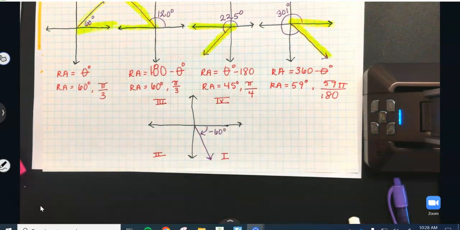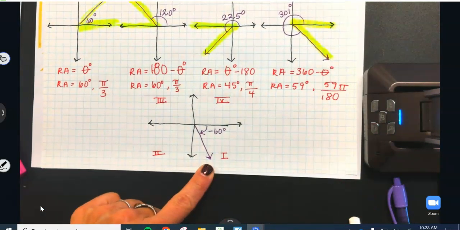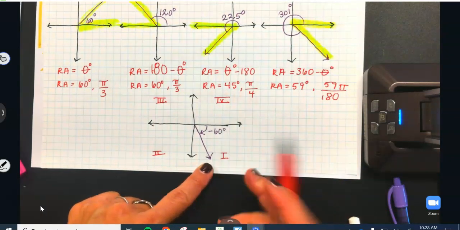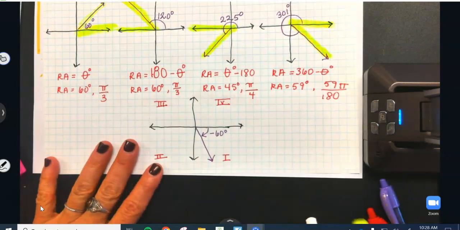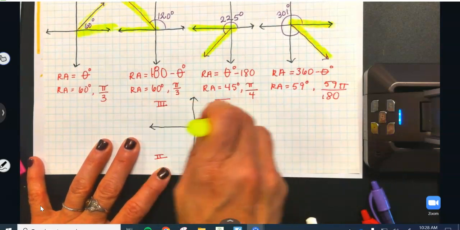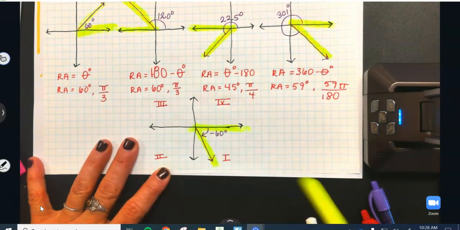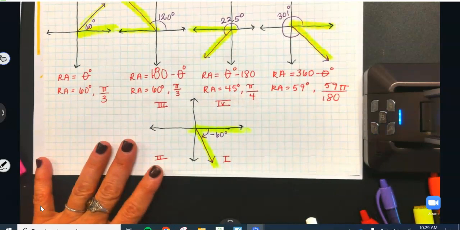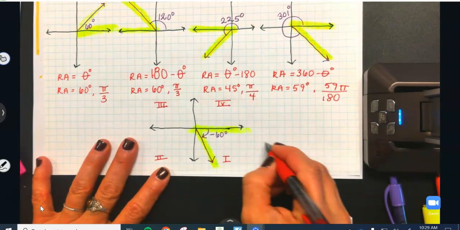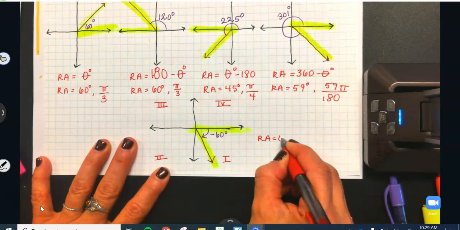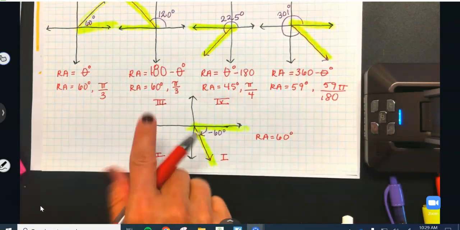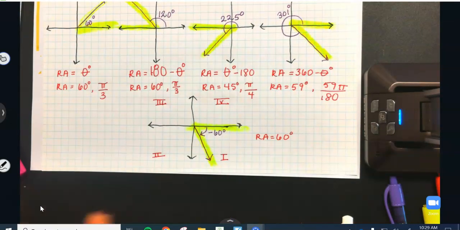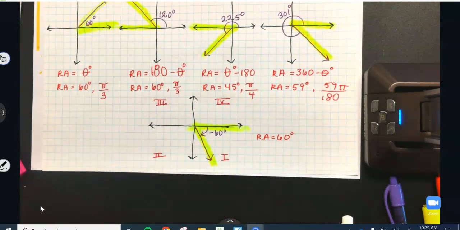So if I go down negative 60 degrees, what is my reference angle? What would it look like if it was up here? Remember, it has to touch the x-axis, has to be less than 90, positive 60 degrees. Yep, positive 60 degrees. So you're just going to treat it as opposite degrees. Okay, good.